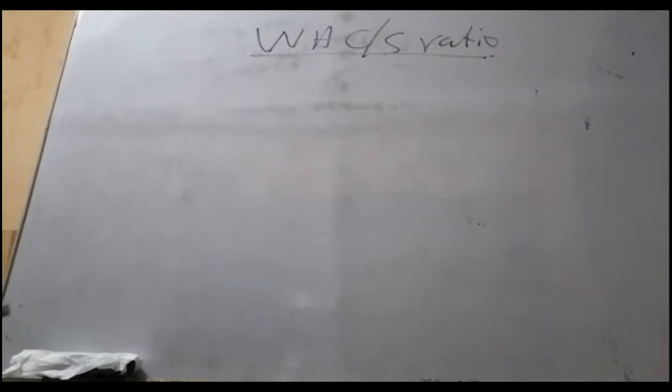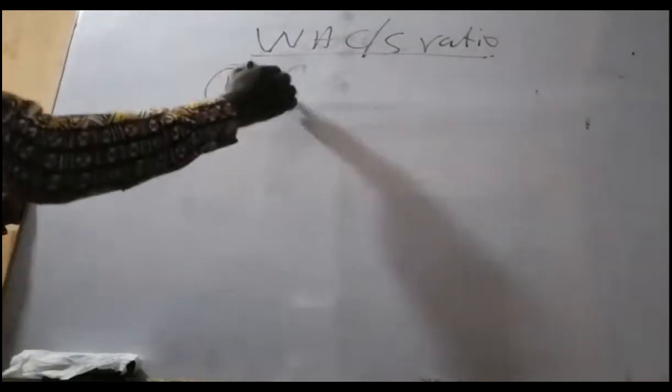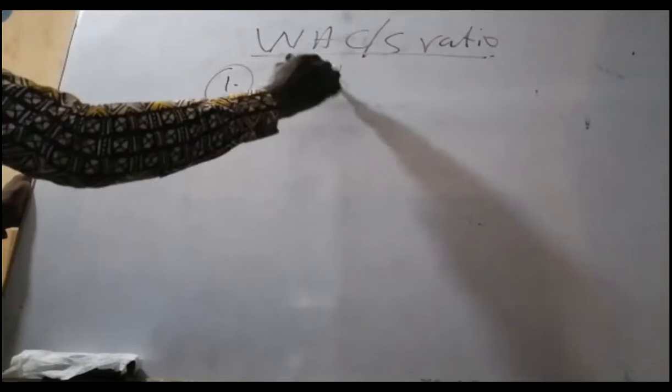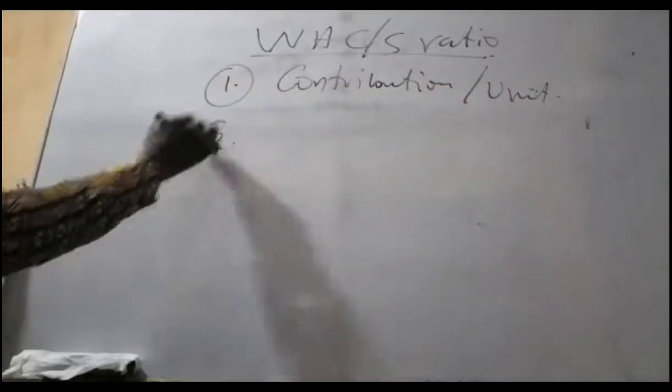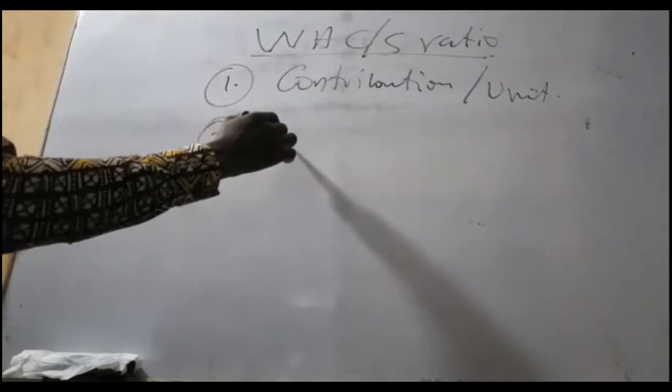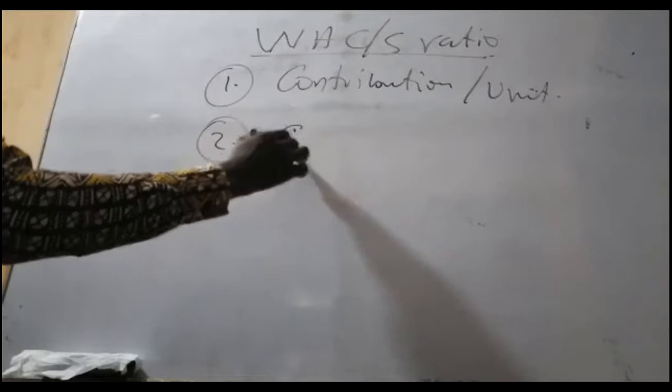In fact, for that one, we need the same steps. The step that we use under the weighted average contribution will happen here. So step one, determine the contribution per unit individually. Step two, determine sales mix.